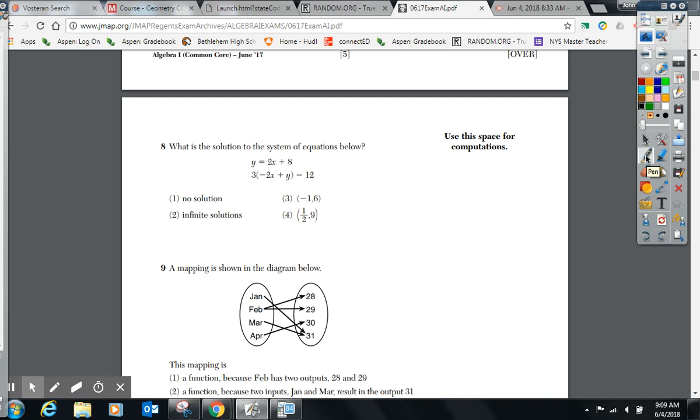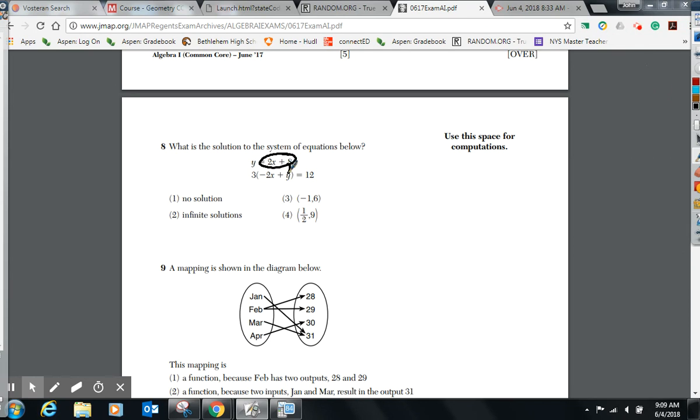So I plugged in the y into the second equation. You plugged in what? The y equals 2x. So you plugged in 2x plus 8 into here. And then I solved. So 3 times negative 2x plus 2x plus 8 equals 12. Yep. And then I distributed the 3.